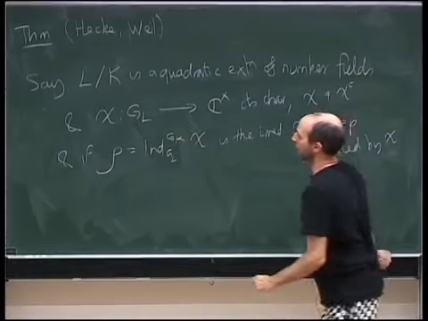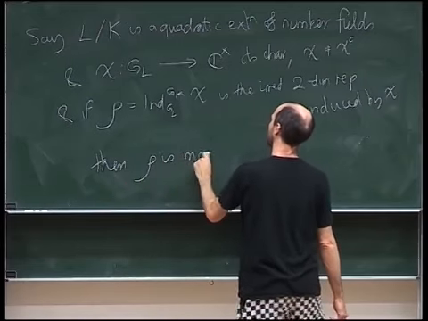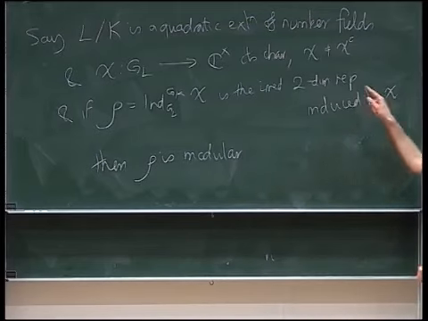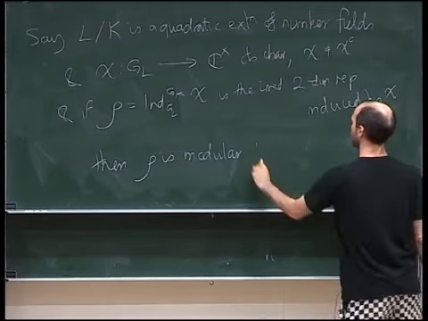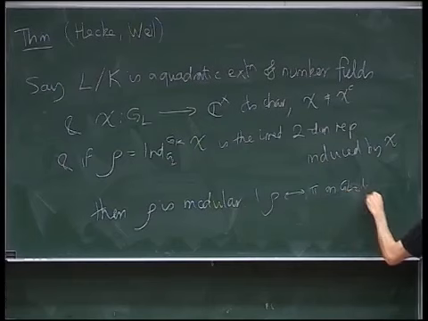Then rho is modular, right? In the sense that it comes from an automorphic representation of GL2 of the adeles of K. So rho is associated to some pi on GL2 of the adeles of K.